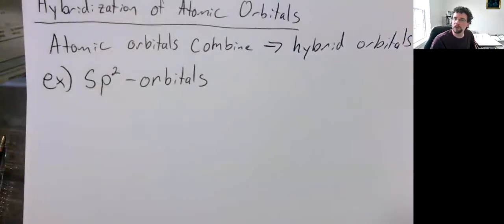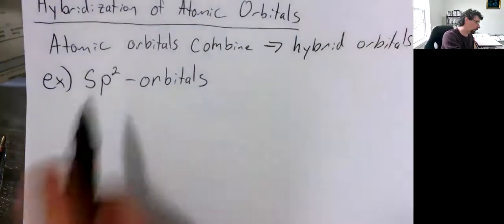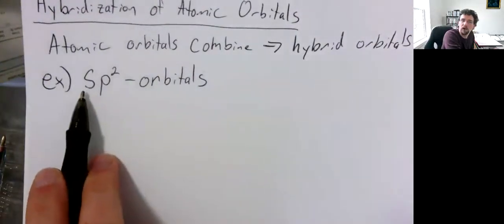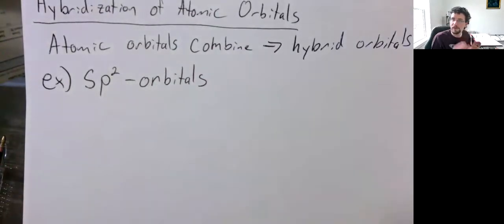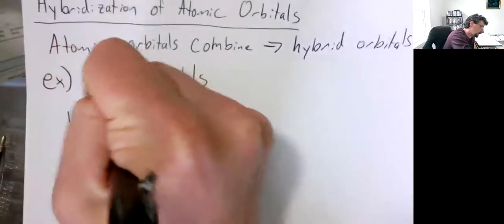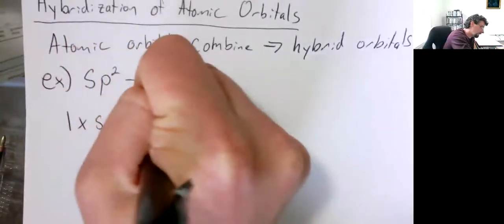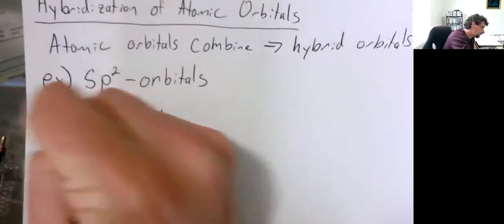Well, we're talking about the mixture, the formula of atomic orbitals we're using to make our new hybrid orbitals. So what this tells you is we have one s orbital and two p orbitals mixing together to make a new hybrid orbital. So we have one s orbital, and then we have two p orbitals.